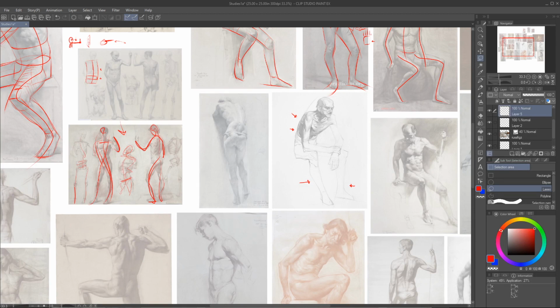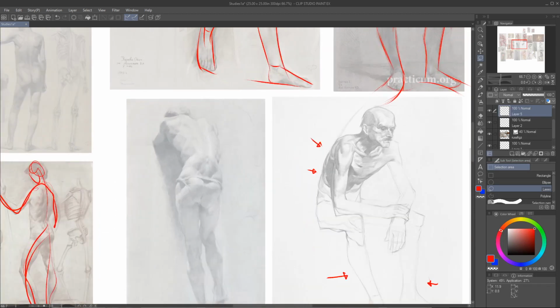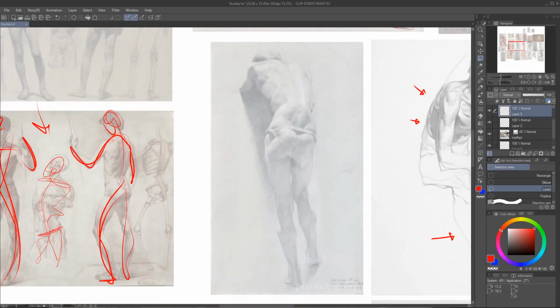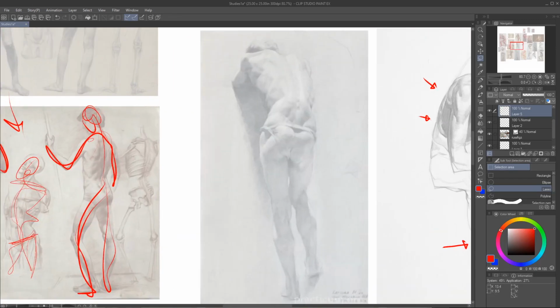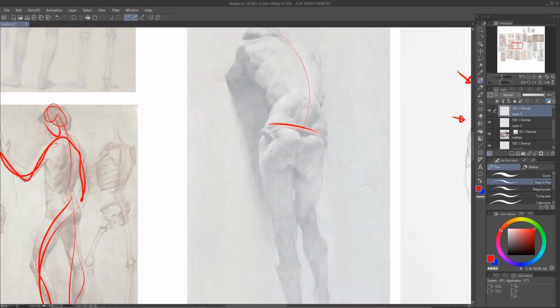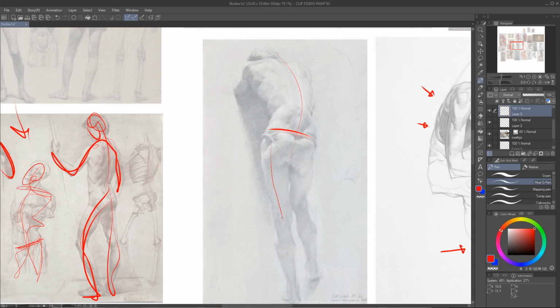If you don't have a means to do that, then you can just do copy studies from a computer screen. Just do your best to study these. So whether you're doing a draw over study like I'm doing, or you're trying to copy study it, you're going to get something out of it.